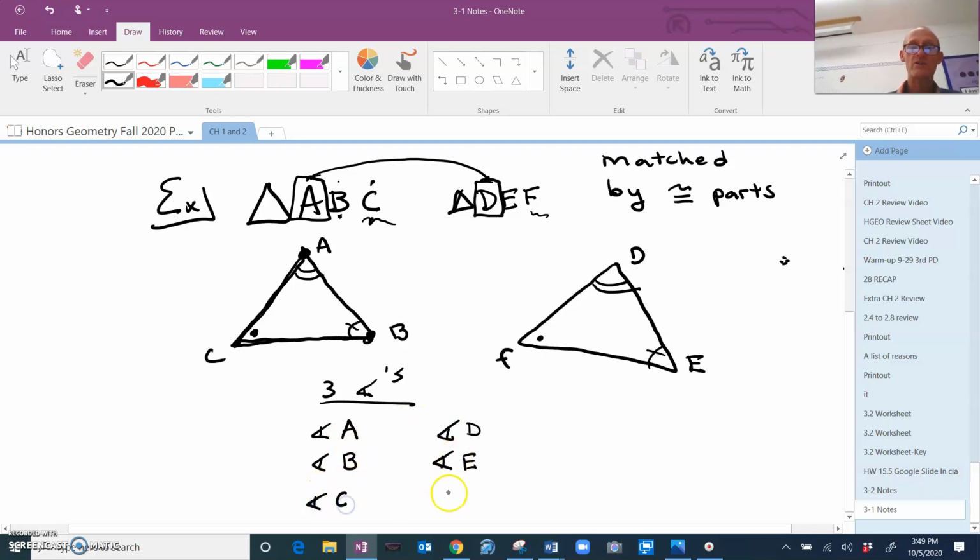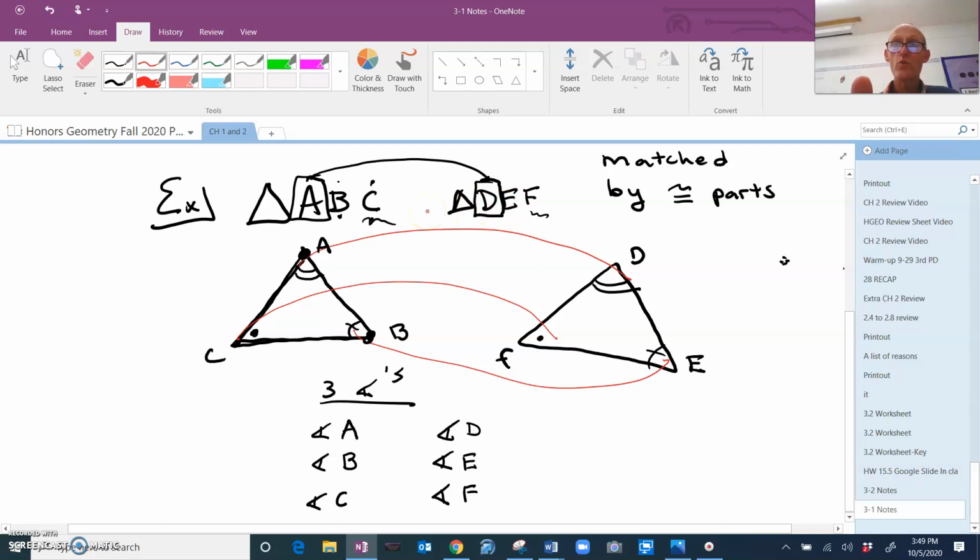Angle C matches up with angle F. So I hope you see how they are mapped. Okay, A goes to D, B goes to E, C goes to F, by the way that the letters are in order.